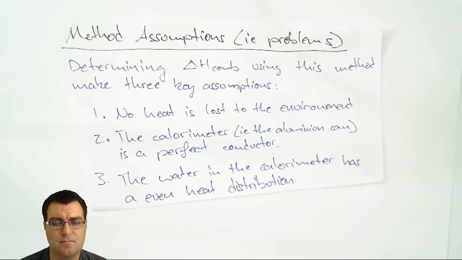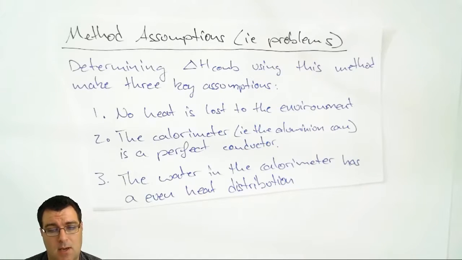Again, that's also not true. The calorimeter will have its own absorption of energy, and you would potentially need to take that into account if you wanted a more accurate value.